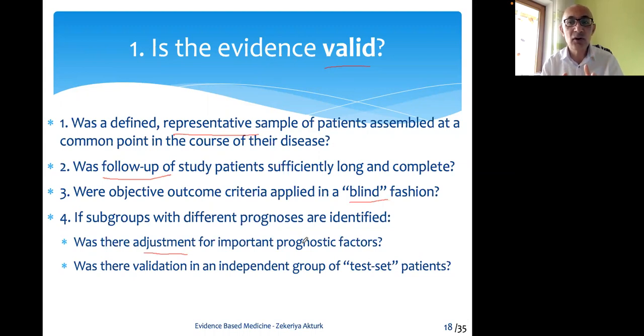Therefore, during the analysis, we need to follow a procedure which is called adjustment. That means to try to equalize both groups when we are comparing. And then, was there validation in an independent group of test set patients?